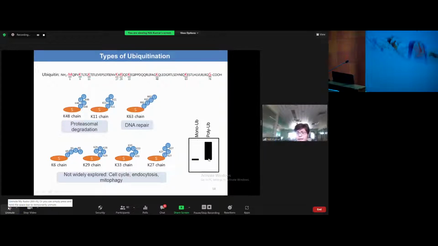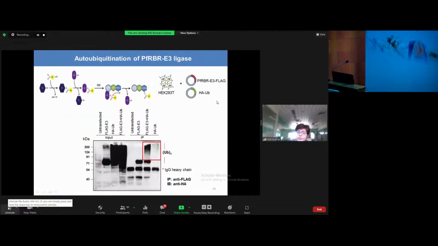If the E3 ligase mediates monoubiquitination, you find a single band for ubiquitin, and if it is polyubiquitination, you find a smear. So this was the strategy. We ectopically expressed the parasite E3 ligase with HA-tagged ubiquitin in mammalian cells and did IP, and this is how we get the ubiquitin smear.